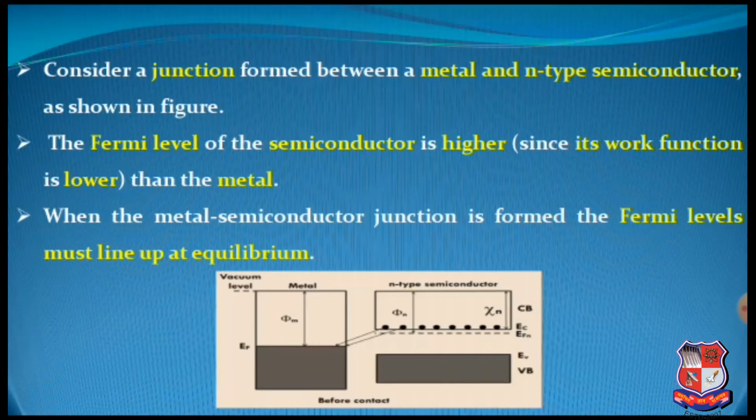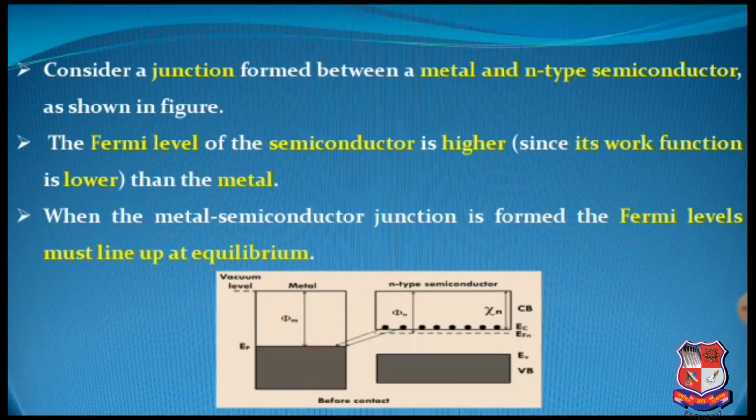The Fermi level of the semiconductor is higher since its work function is lower than the metal. Here we will see the bending of the n-type semiconductor conduction band. When the metal semiconductor junction is formed, the Fermi levels must line up at equilibrium.